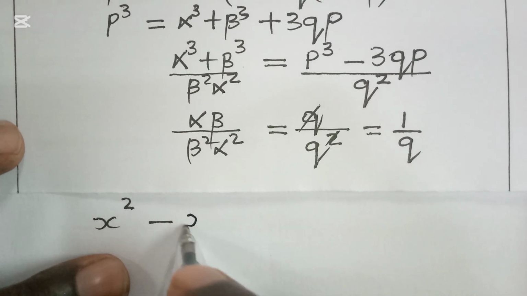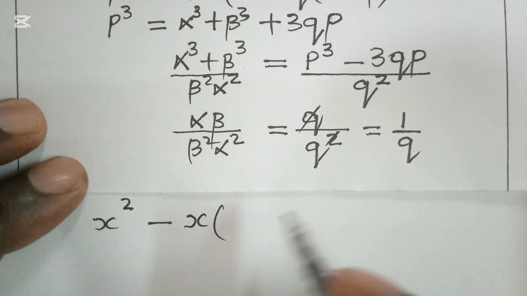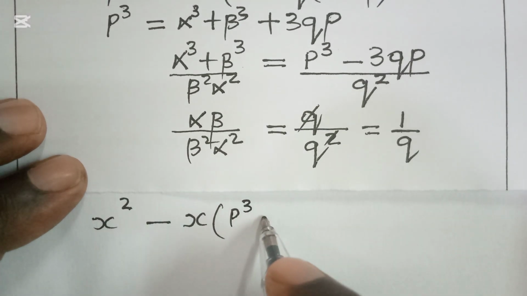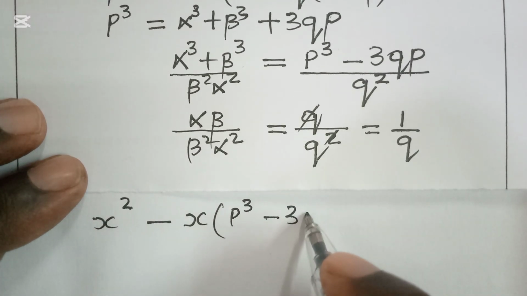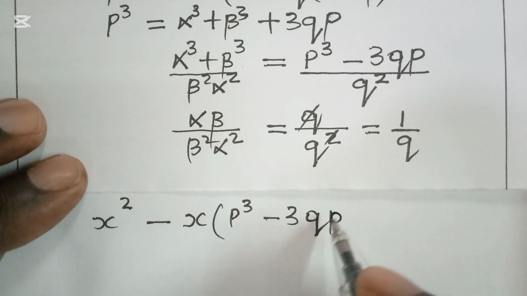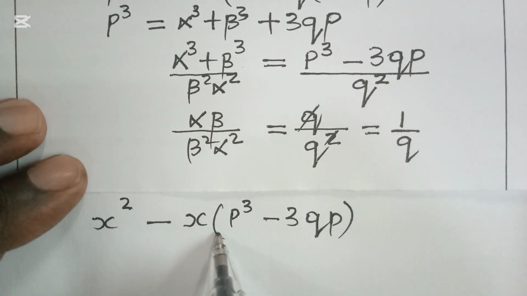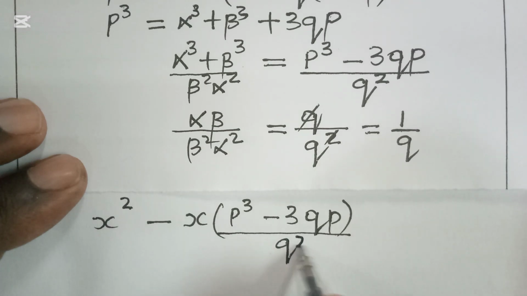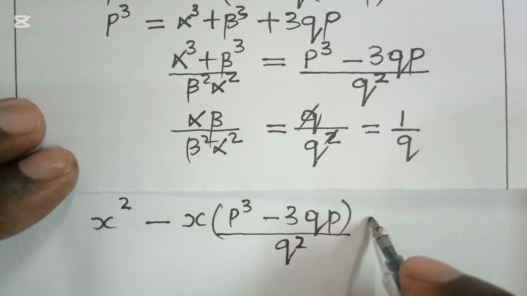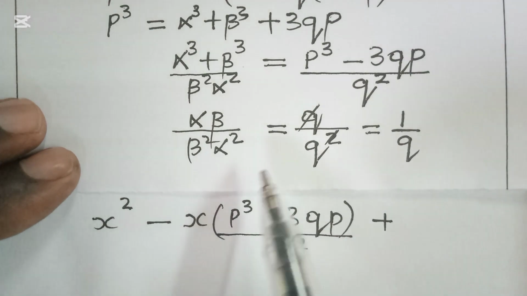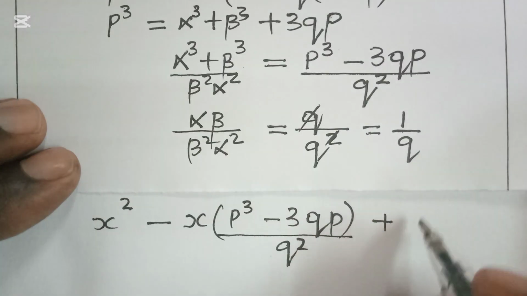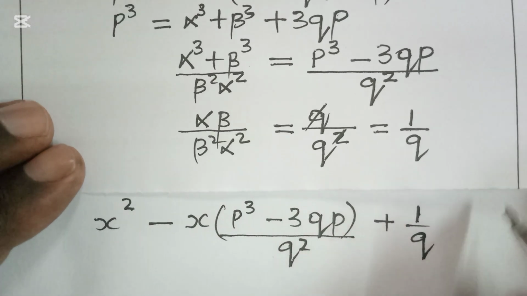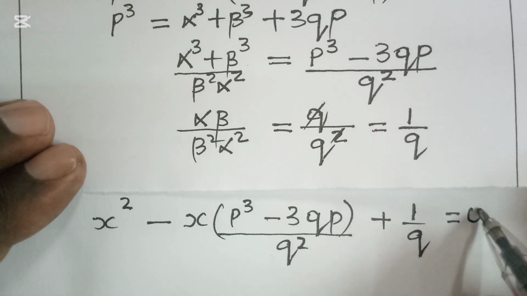First of all, we write x, and then we are going to write p cubed minus 3qp all over q squared plus now the product, which is 1 over q. This now gives us 0.